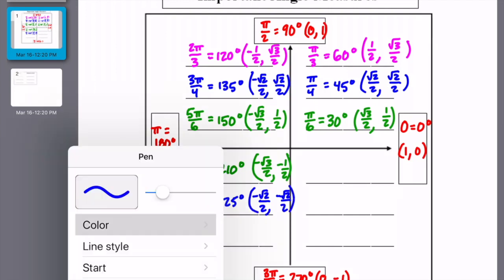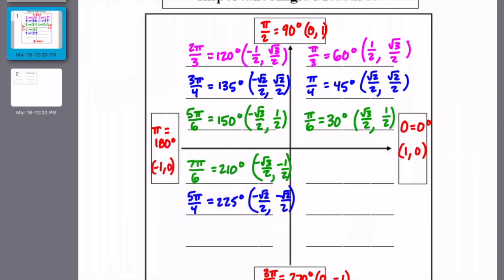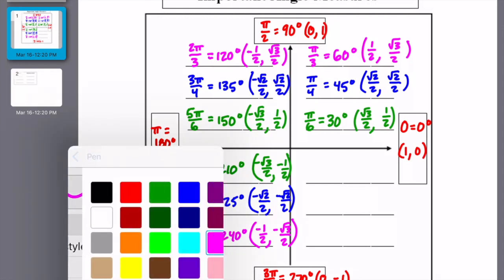The next point we have in quadrant 3 is 4 pi over 3, and 4 pi over 3 is 240 degrees. It is (negative 1/2, negative root 3 over 2). Then we make our way to the fourth quadrant.